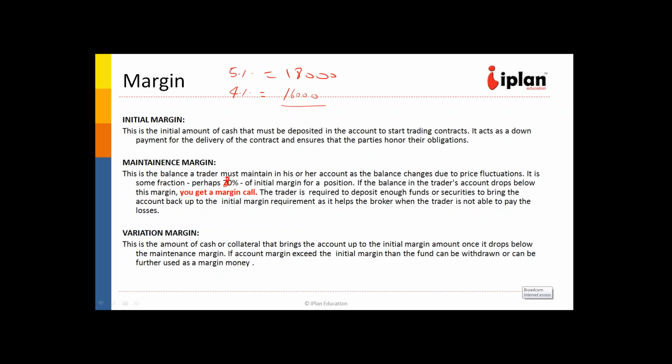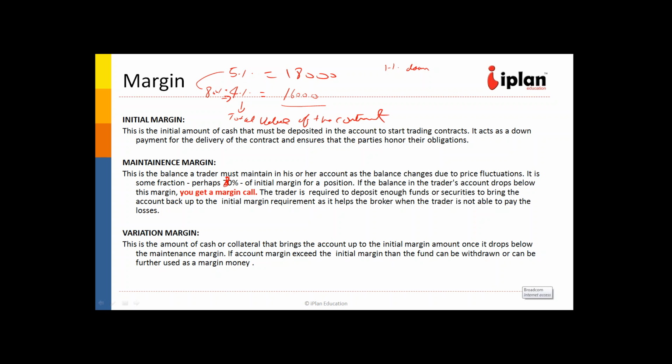Which means that if the price falls just 1%, okay, 80% of this 5% is 4%. So this is the maintenance margin level, 4% of the total value of the contract.